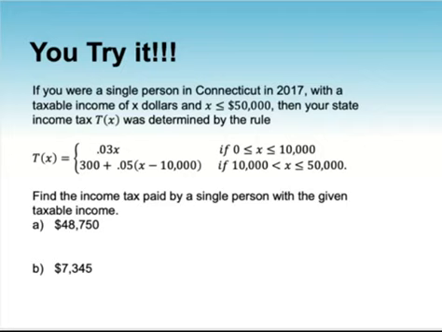So here's my solution. For part A, we're asked to find the income tax when somebody makes $48,750 a year. Notice that that falls into the second domain here. It's between 10,000 and 50,000. So we're going to use that formula.